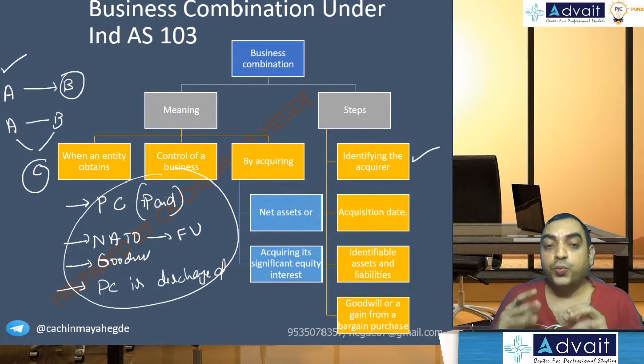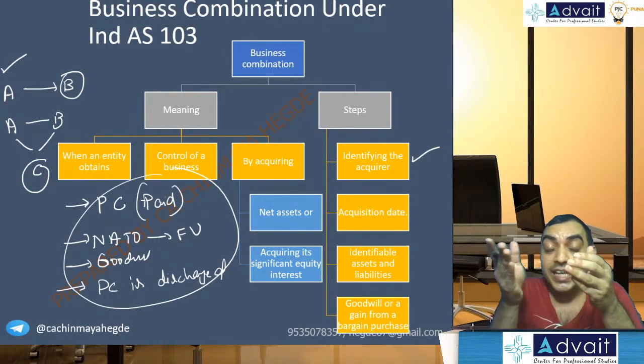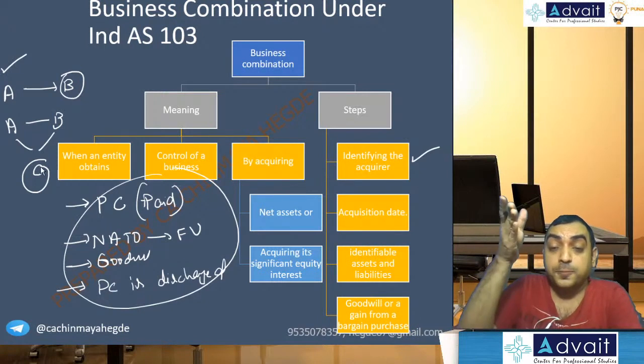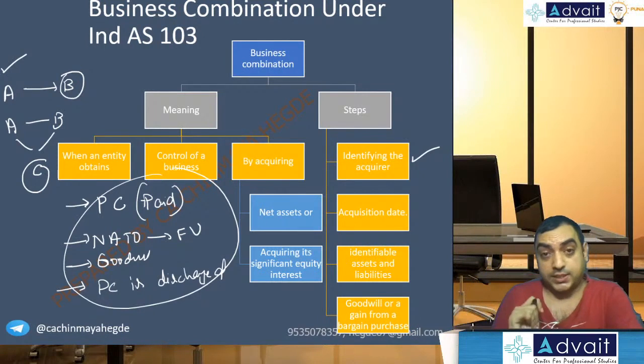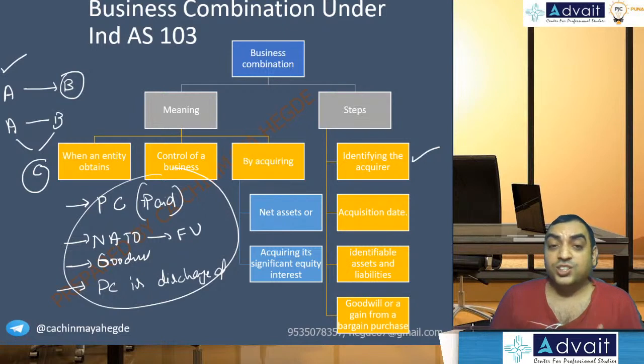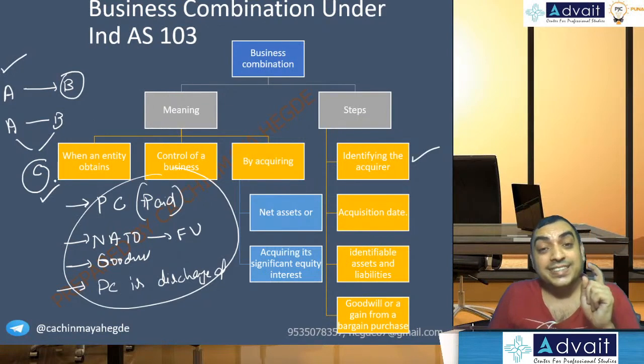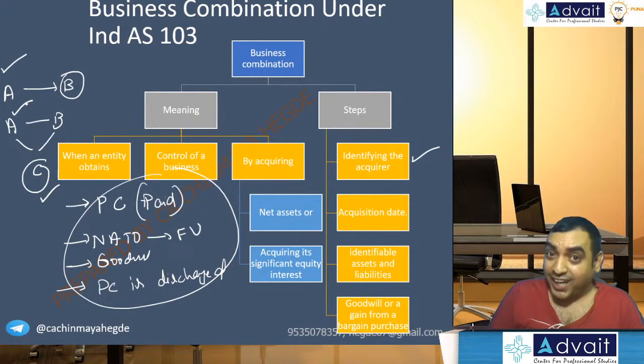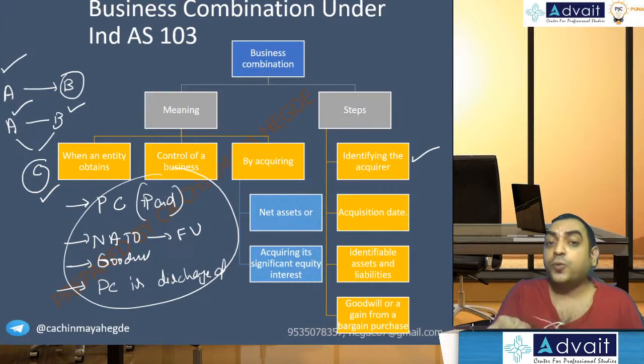But to be called an acquirer, you should be in existence first. C Limited is not in existence, it's a newly born baby. How can a newly born baby acquire anybody? Not possible. So even though C is the legal acquirer, we have to make either A or B the accounting acquirer.